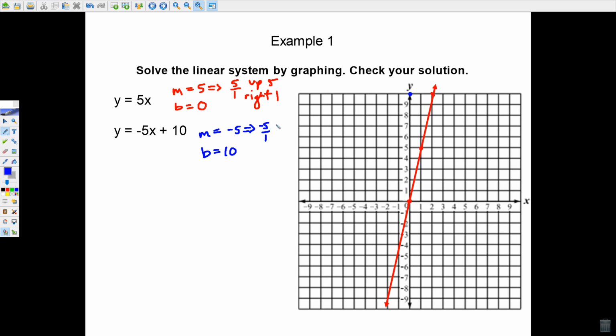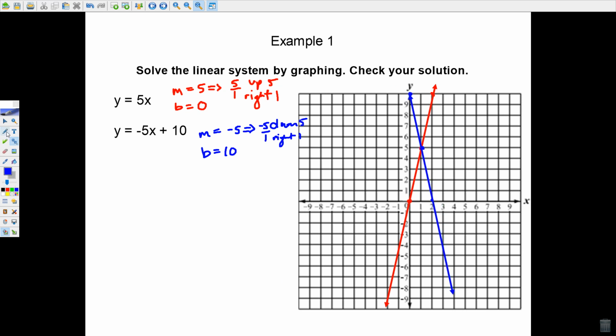Since my rise is negative, that means down 5. My run is still positive, so I go right 1. From this y-intercept, I go down 5: 1, 2, 3, 4, 5, right 1. Get another one, down 1, 2, 3, 4, 5, right 1. There are my 3 points.